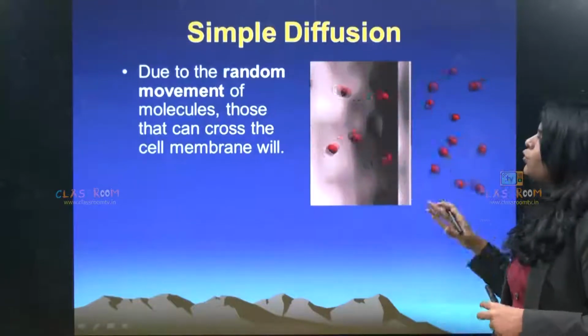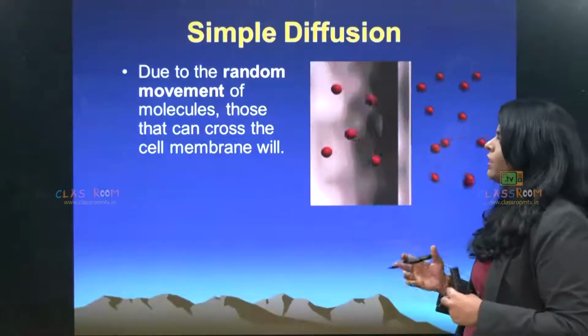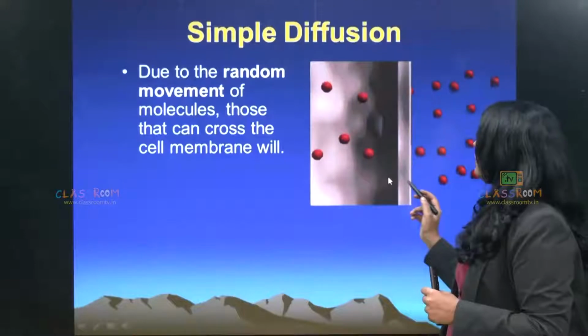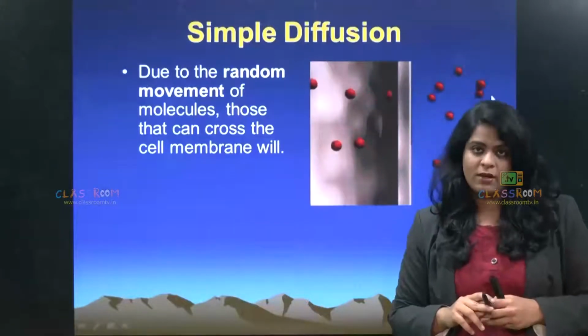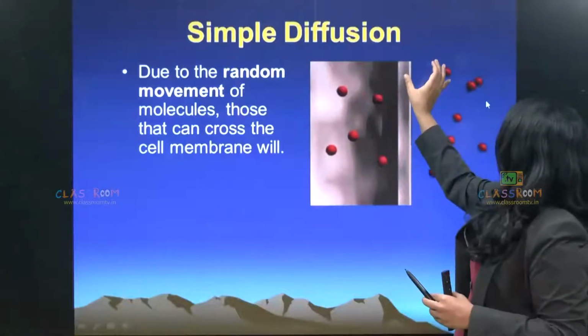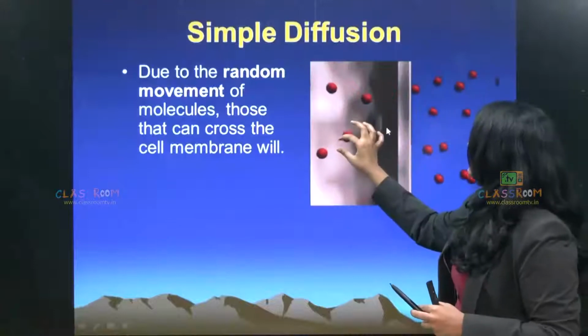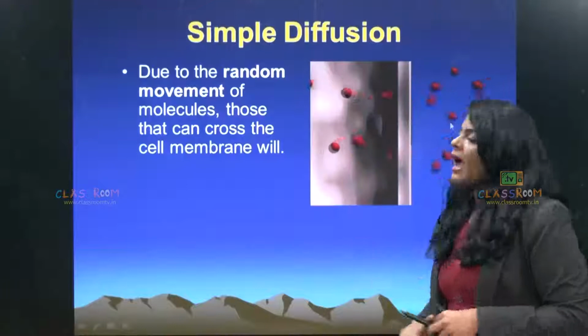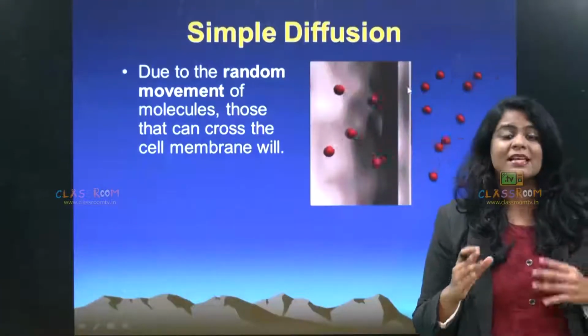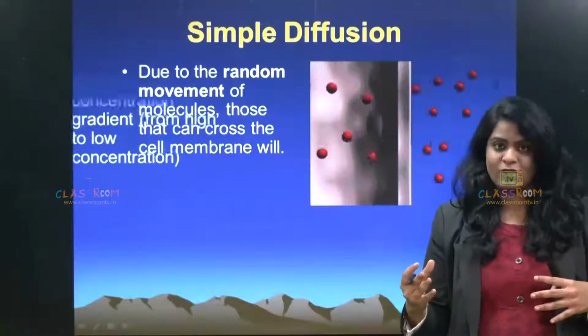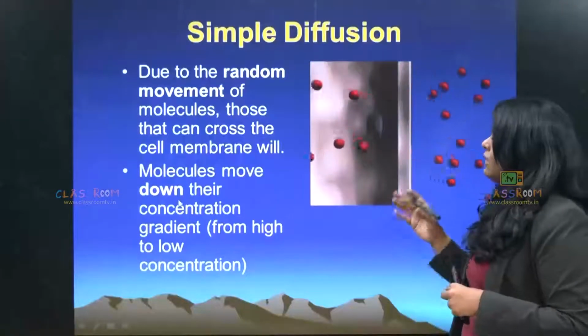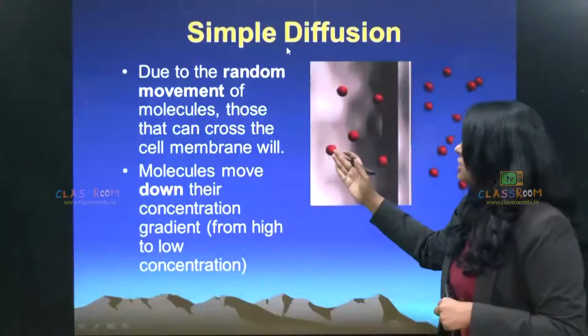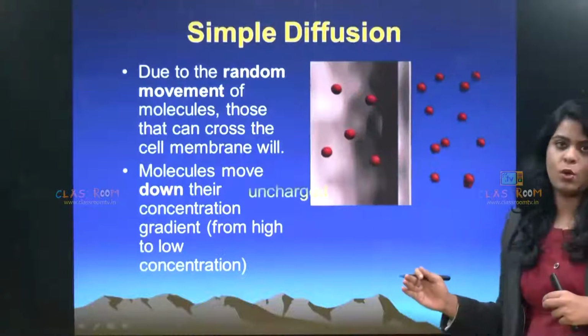Okay, so due to some random movement of molecules, some can cross the cell membrane. So suppose think this and this molecules, they are able to enter from here to here. And how are they entering? Because there is some kind of gradient difference. So molecules move down their concentration gradient from a high to low concentration.